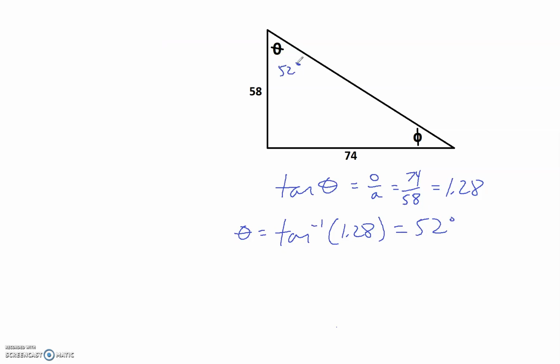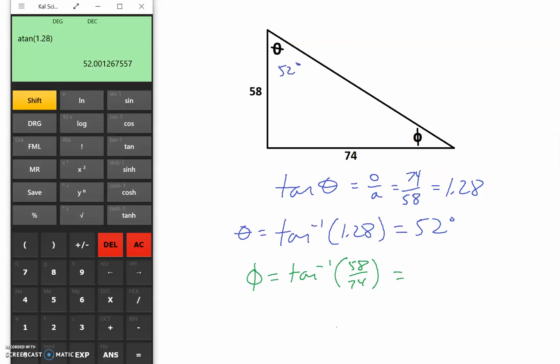Okay, so now I could do the same type of thing for my phi angle. If I want to know what my phi angle is, it'd be the inverse tan. And I'm just going to do it all in one shot here. The ratio of 58 divided by 74, the opposite divided by the adjacent. Okay, so if I go to my calculator, there we go.